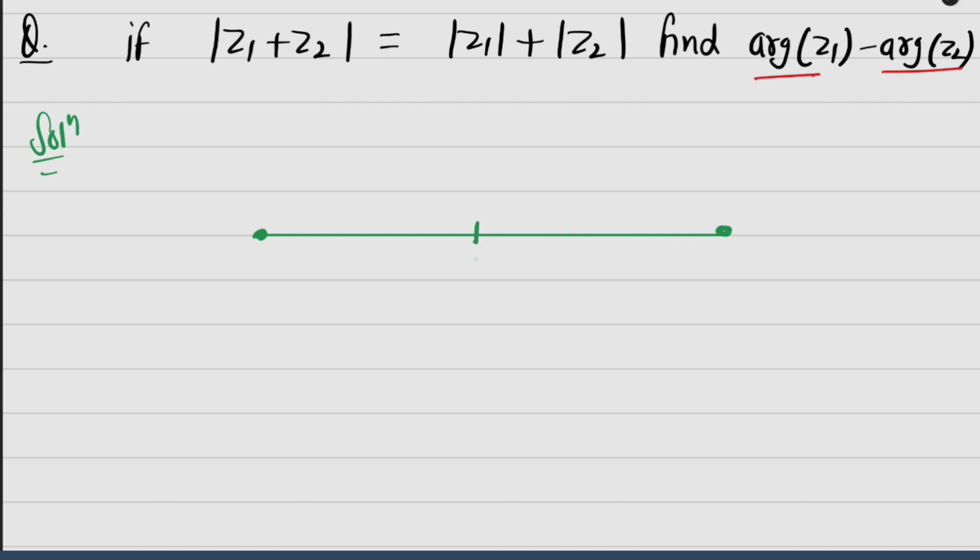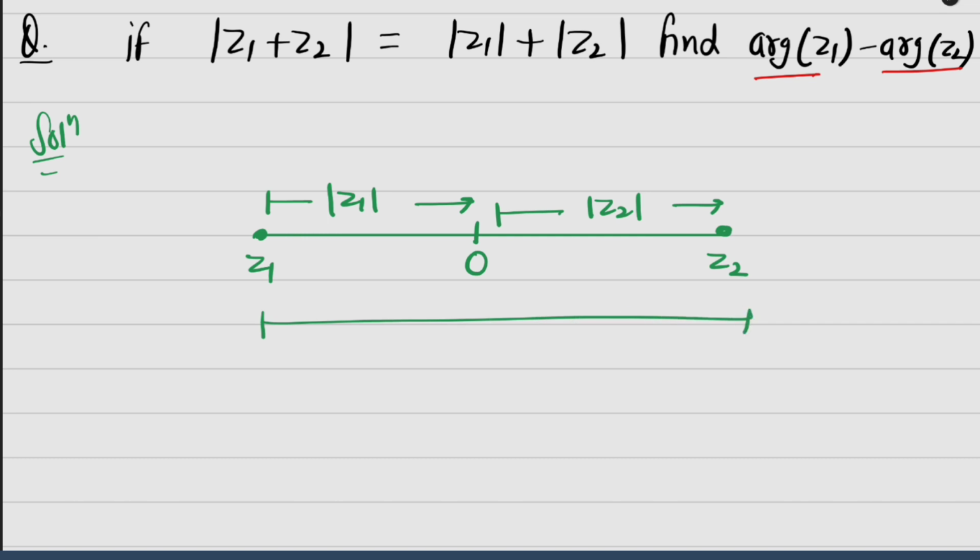Here is the origin, or you can say that any point is there. Let us say this is origin, and this one is z1 and this one is z2. So what is the distance between origin and z2? That is modulus of z2, and here is modulus of z1. Okay, and what is the distance between both the complex numbers? So this is not z1 plus z2, actually this is z1 minus z2.